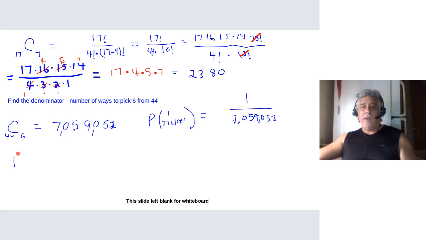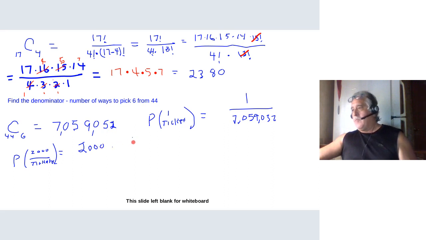You just got one hat in the ring. But if you got 2,000, well, we're going to multiply this whole thing by 2,000. Now it's 2,000 over 7,059,052, so it's just the 1 that gets multiplied.